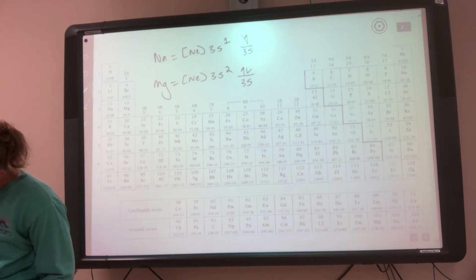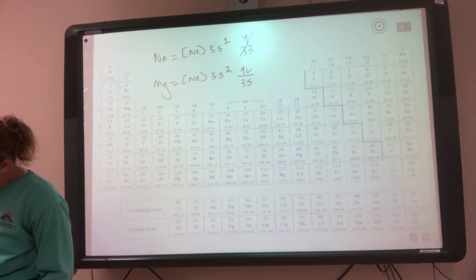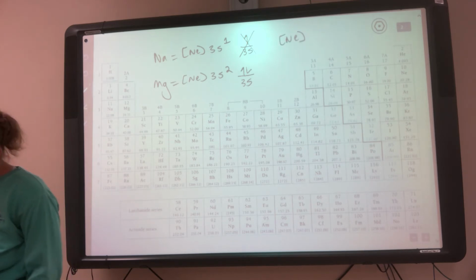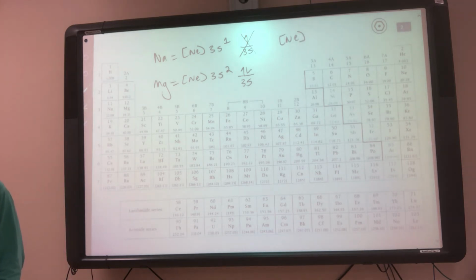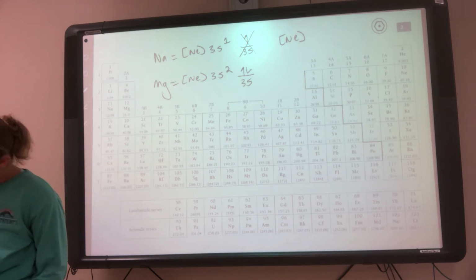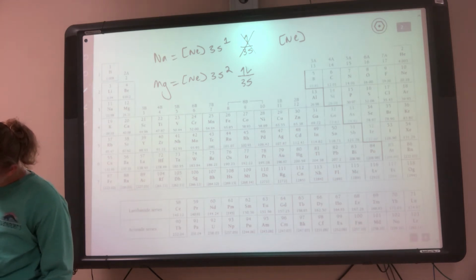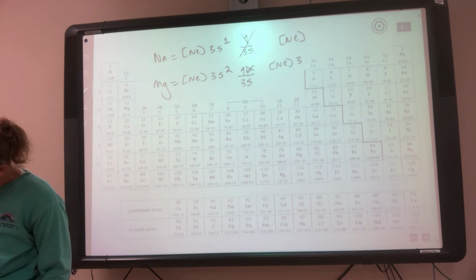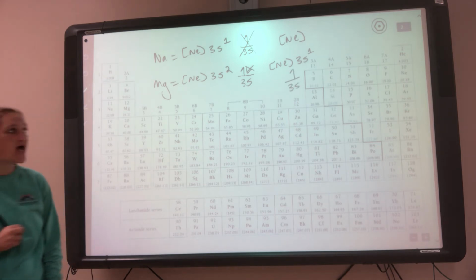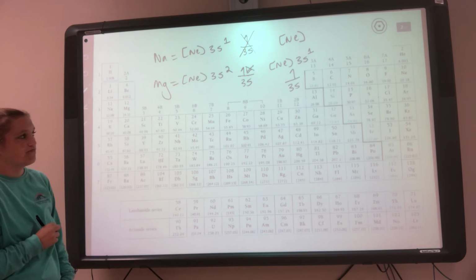I'm removing it, so what would be left for sodium would be just neon. And for magnesium, I'm just taking one of these, so what's left here would be neon 3s1. I would just have one electron left. That's what's left after the first ionization energy.